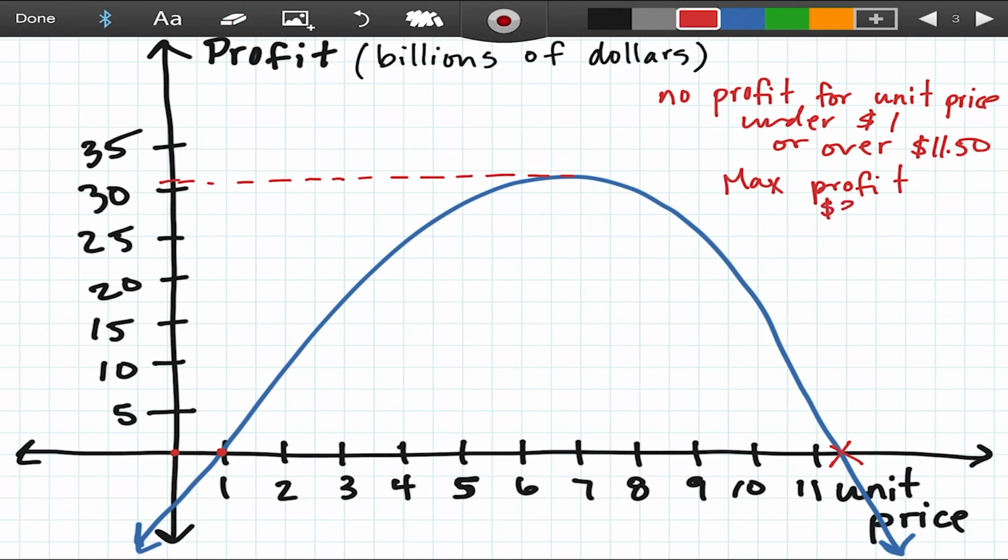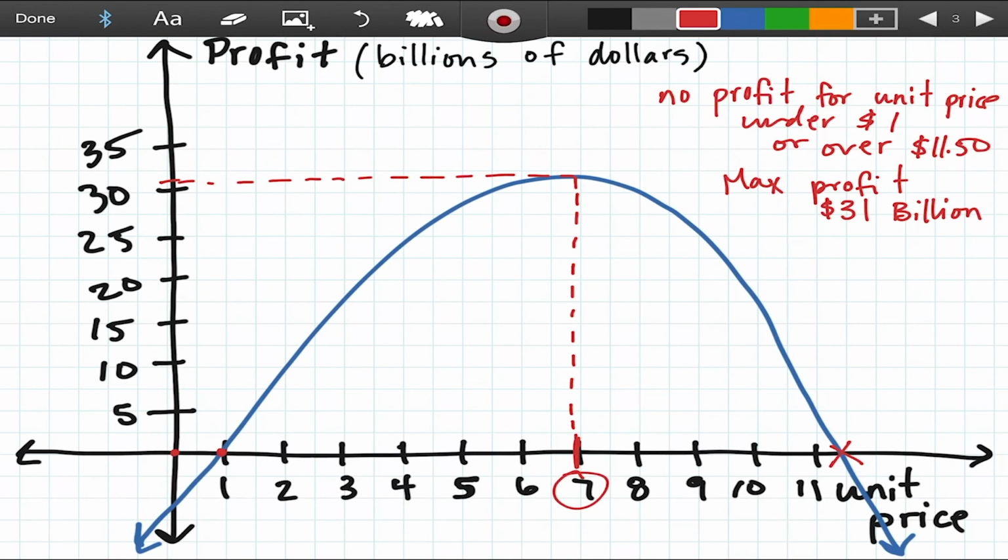Or billion. 31 billion. Okay, well, at what price do I need to sell my whatever at? So I have to go straight down for my vertex, and we'll say it's at 7. If I sell my whatever at $7 a piece, according to this graph, I should make $31 billion. That would be nice, whatever this is.